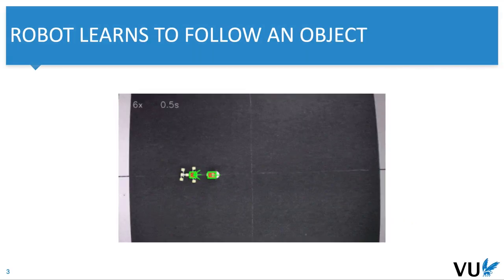Let's start with some examples. Here we have a robot that learns to follow an object, and this is a video and part of research done at the Vrije Universiteit in our group Computational Intelligence led by Gusti Eiben.